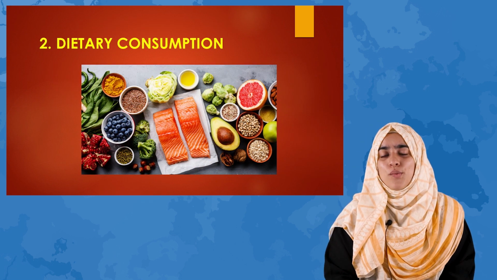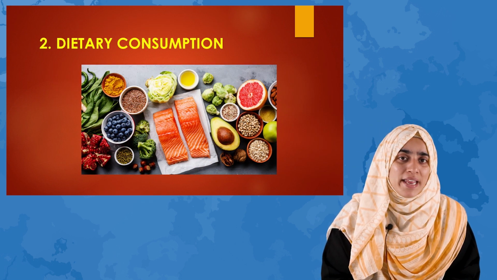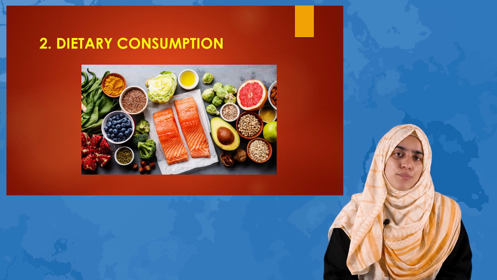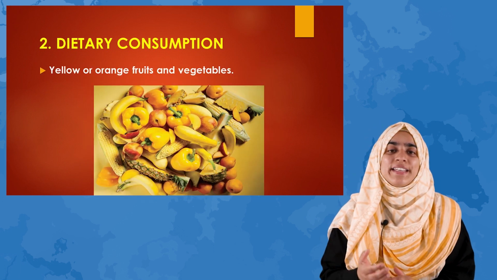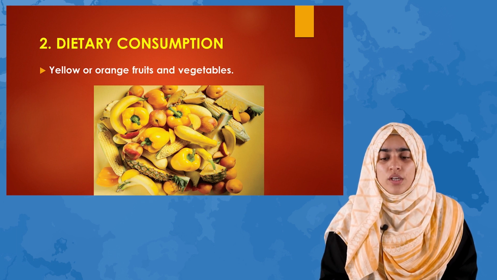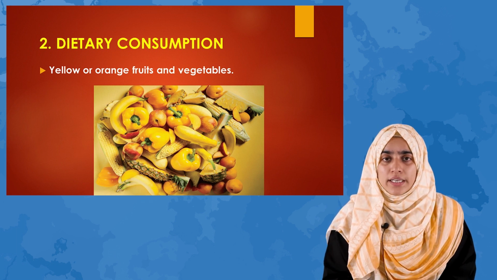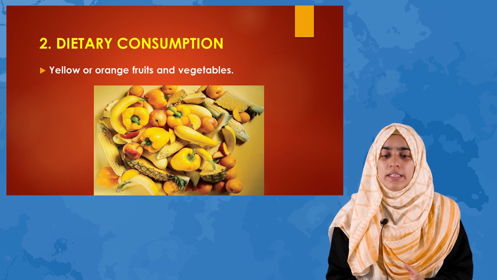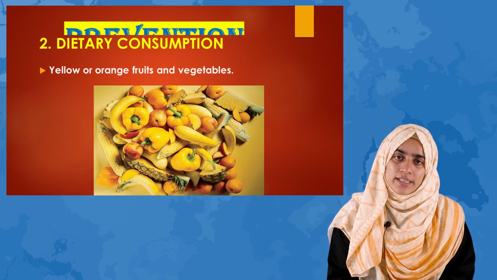The next most important thing which comes under the management is dietary consumption. So the consumption of yellow or orange fruits and vegetables which contain carotenoids, and especially beta carotene, is very essential.